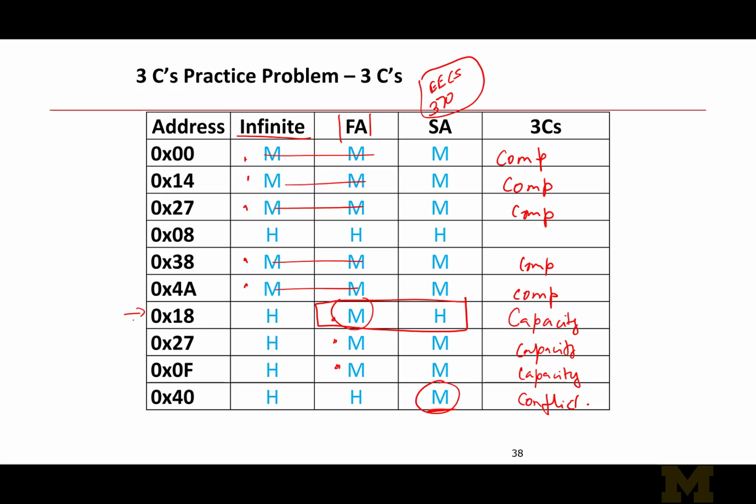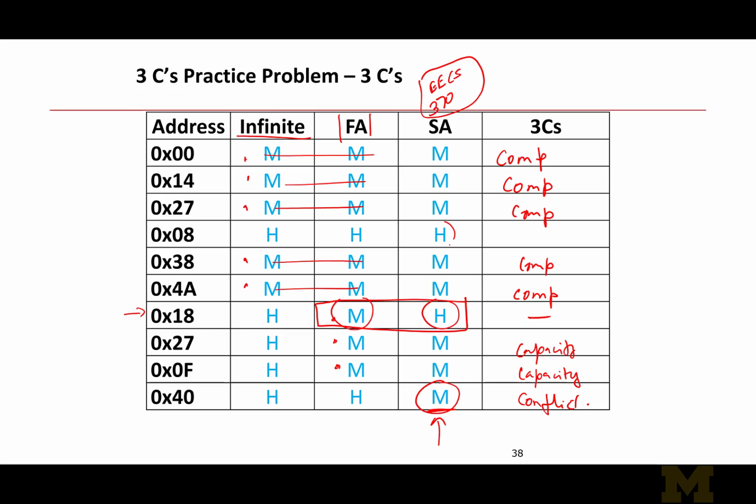So that can happen, and keep in mind that our goal is to really classify the misses in the given cache into these 3 types. And given the fact that this one is actually a hit and not a miss, we don't really care about this, so this is not applicable.